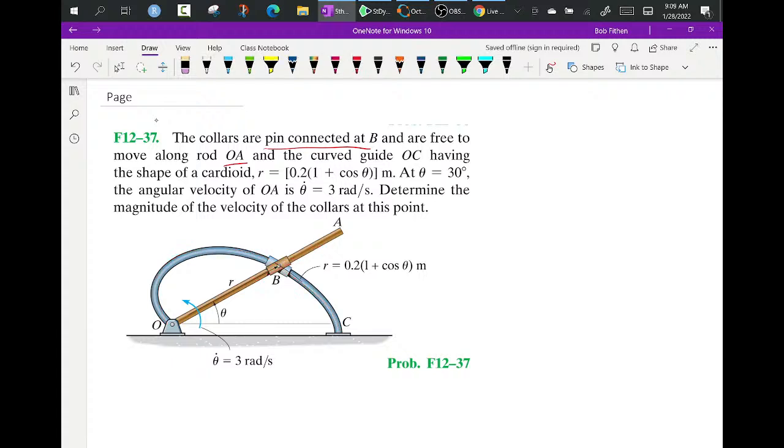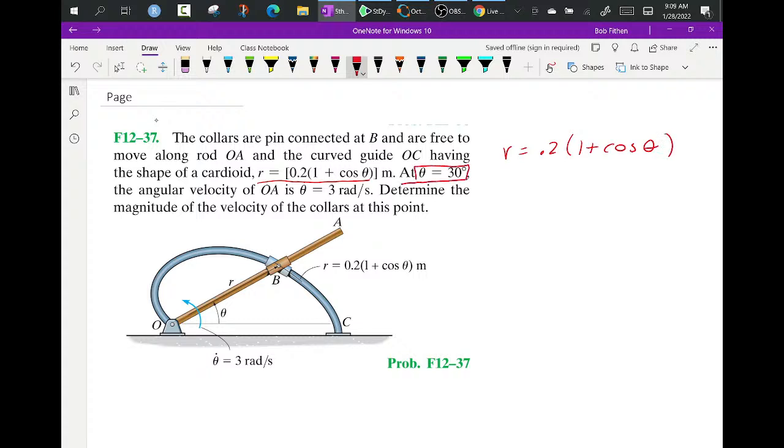Having a shape of a, I'm not even going to try to pronounce that, but here's the equation for it. r is equal to 0.2 times (1 plus cosine theta), and here's the thing.